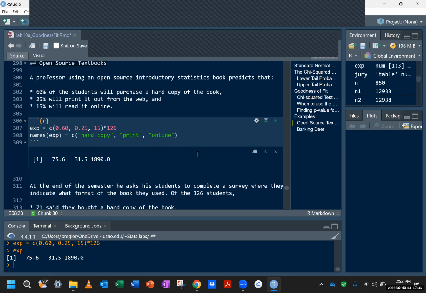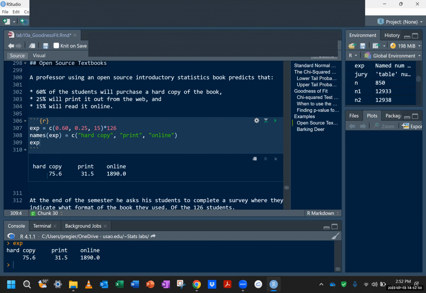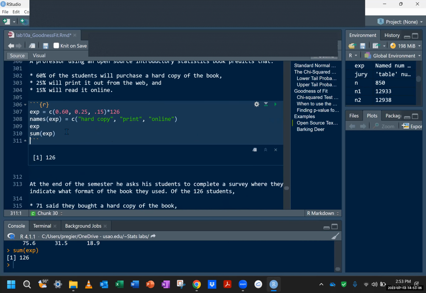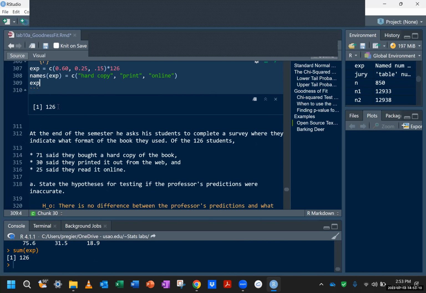I can see what I'm talking about. So here are the expected counts: 75.6 for hard copy, 31.5 for print, and the last one. Check myself: should get 126. I did that right. Yes, okay. That's just a check. This is what I would expect to find.